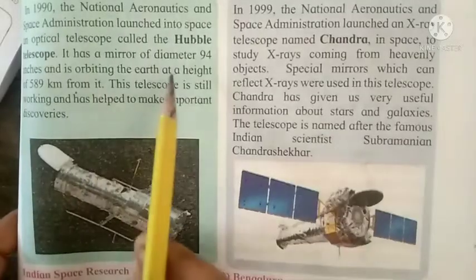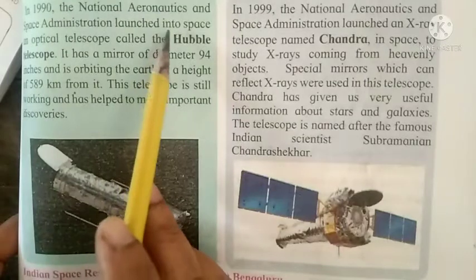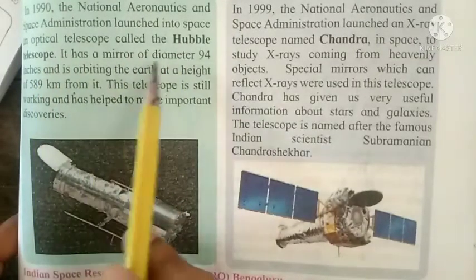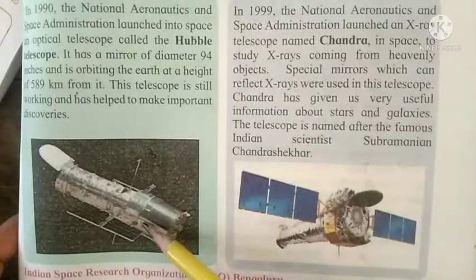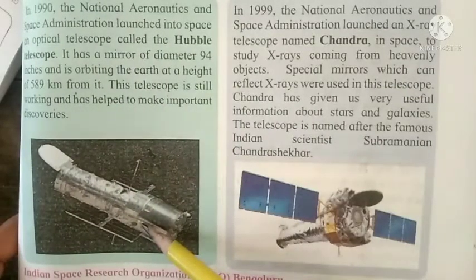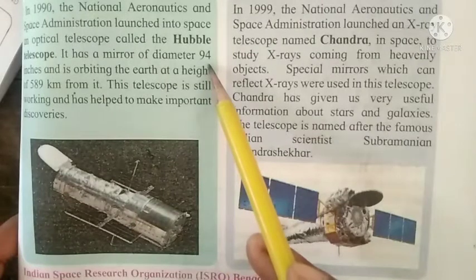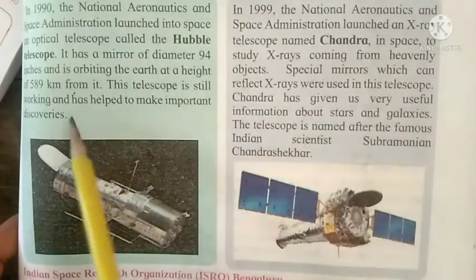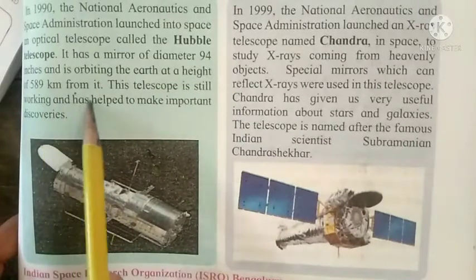See here, the National Aeronautics and Space Administration launched into space an optical telescope called the Hubble telescope. It has a mirror of diameter 94 inches, and it orbits the Earth at a height of 589 km from it.